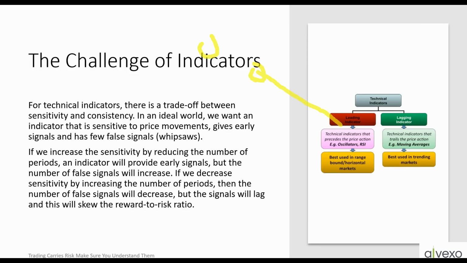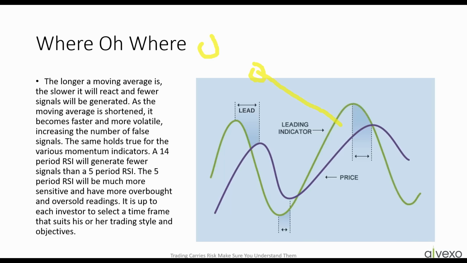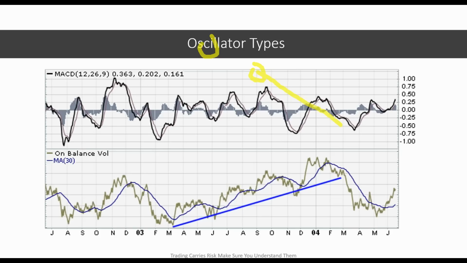So it may skew our risk-reward ratio by decreasing our false signals. It'll give us fewer false signals, but we don't know which will be false and which will be more. So I don't ever change the values of my indicators. I just change what my interpretation is.